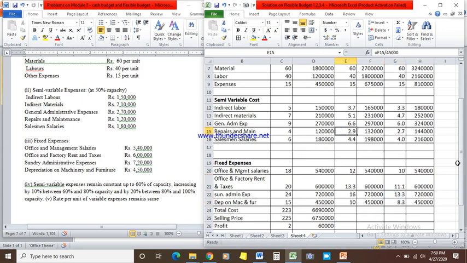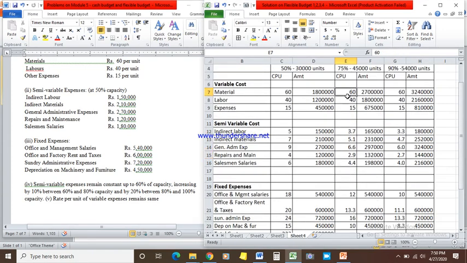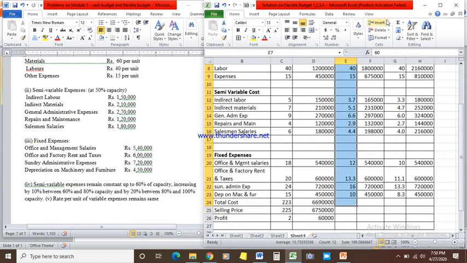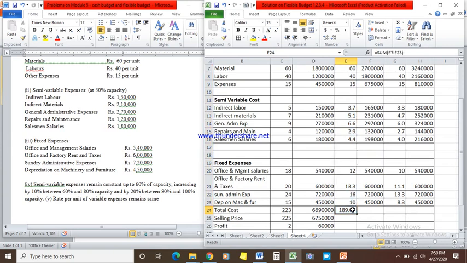So having done all these calculations, now find out the total cost per unit by adding all these columns. You get the total values.